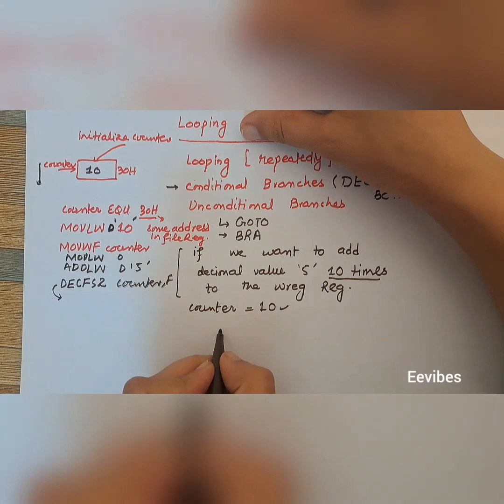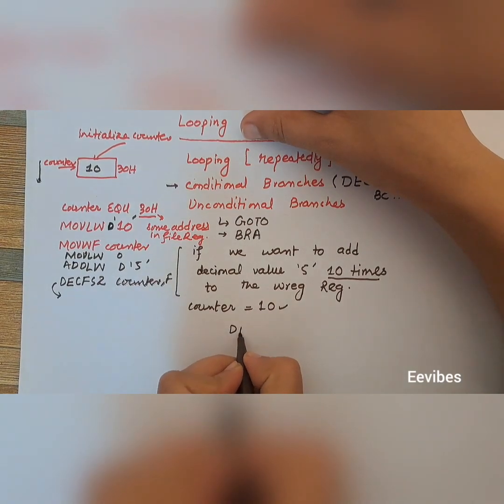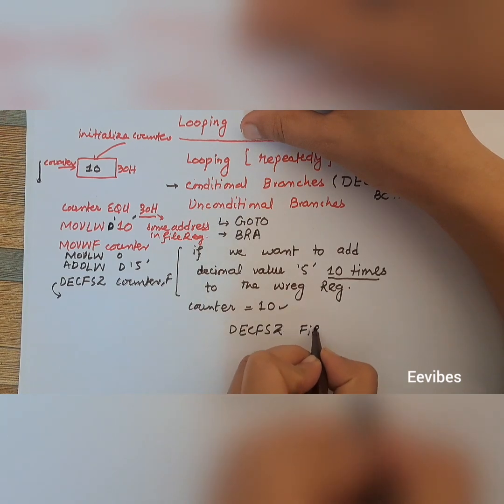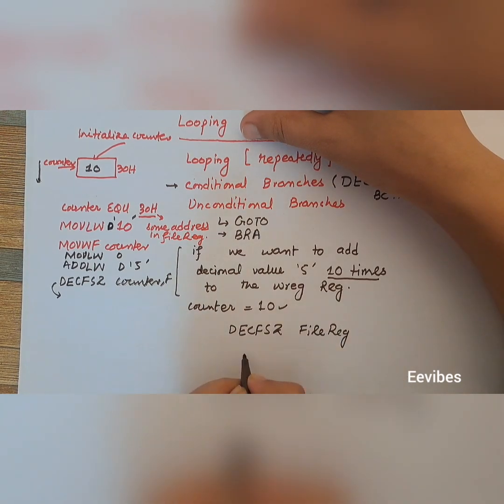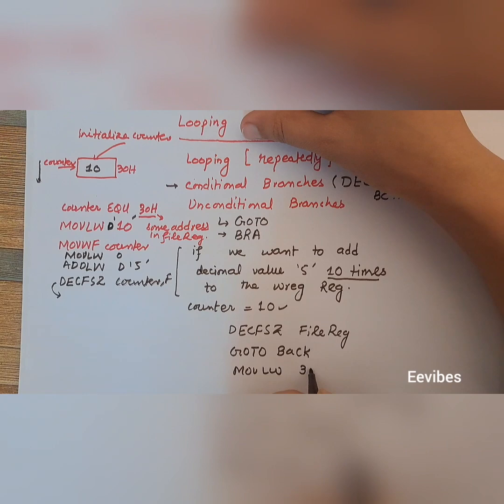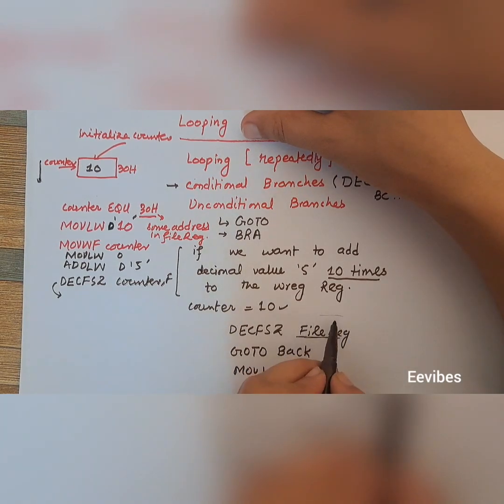Fine. So the decrement file register instruction works like this: let's say there is some instruction goto back, and then there is some other instruction like move literal value to reg 39. How does this instruction work? It looks at the contents of this file register, subtracts 1 from it and checks if it is 0 or not.